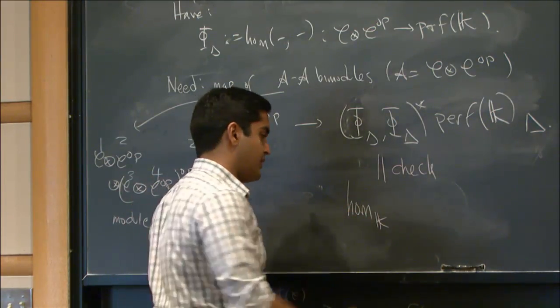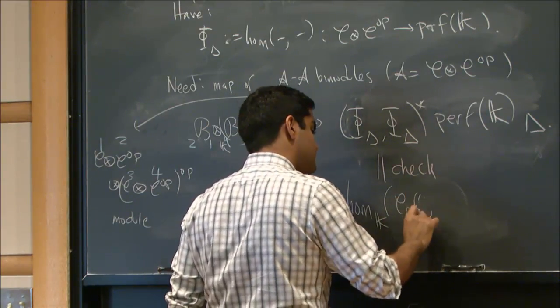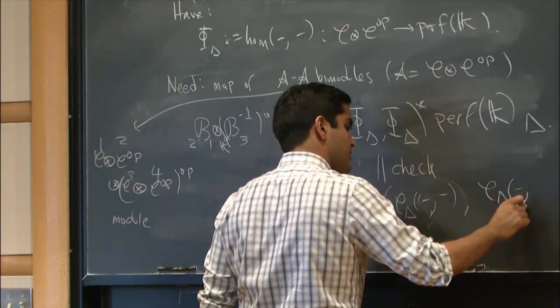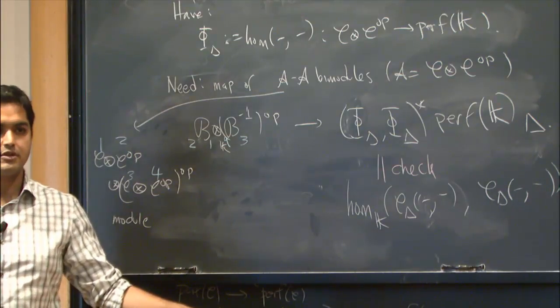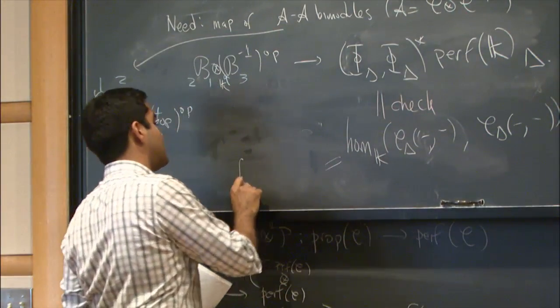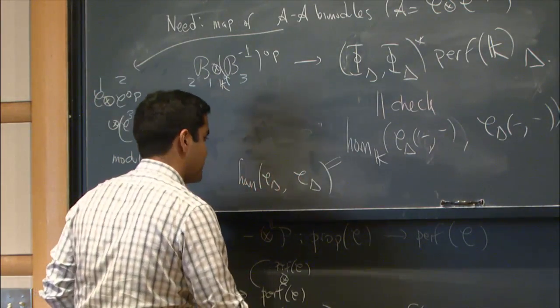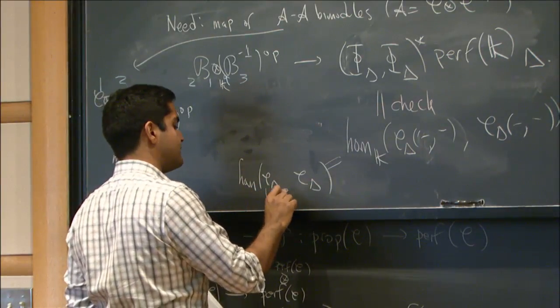It's Hom in chain complexes from the diagonal bimodule to the diagonal bimodule with 4 independent inputs. I'll just write that as Hom C delta with a different bimodule structure, 1, 3, 2, 4.